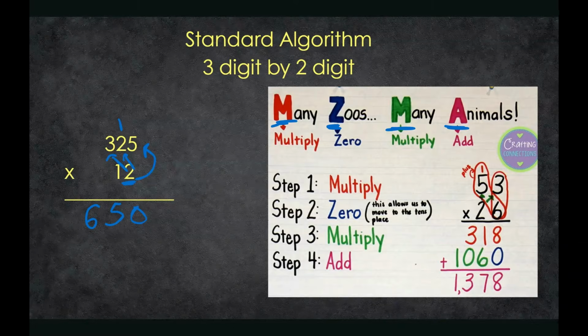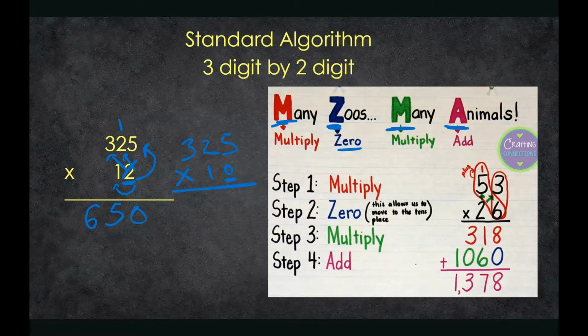Now, here's where the strategy changes slightly. We add a new step when we do double digit. The Z in zoo stands for 0. Since we are shifting over one place value now, because we're done with that 2, that's actually saying 325 times 10. Well, what number is in the ones place?